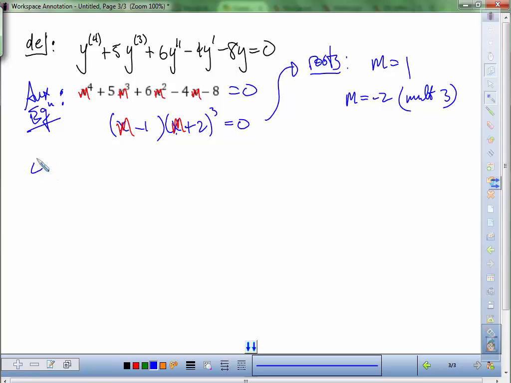So the four fundamental solutions should equal y1 is equal to e to the 1 times x. Right, that's from this first one. The second one, y2, would be e to the negative 2x.